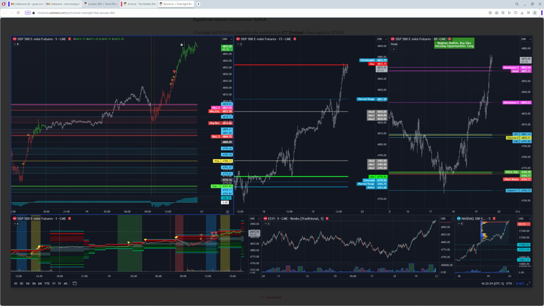So it was actually a 1 to 4 risk reward trade, which for intraday trading, I think it's very reasonable. I mean, it's very good actually. So yeah, this is how you can backtest all these things.